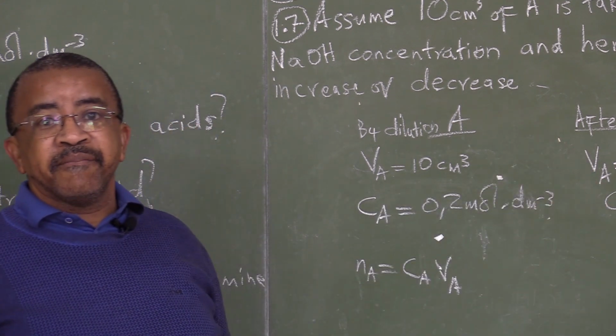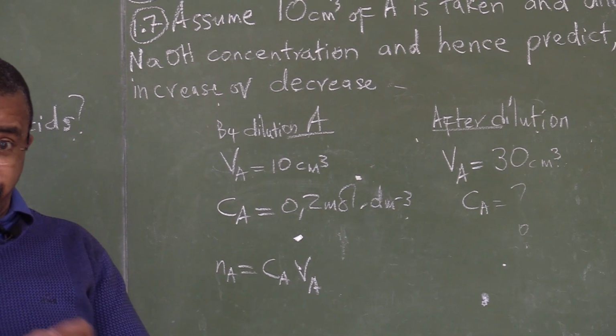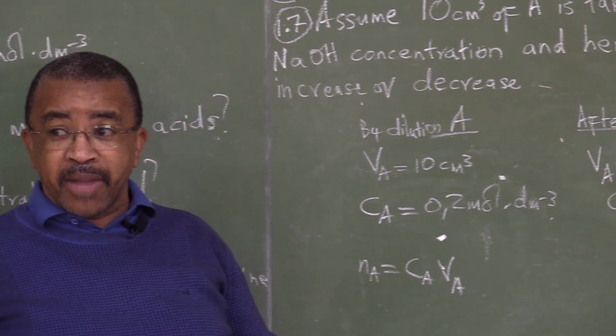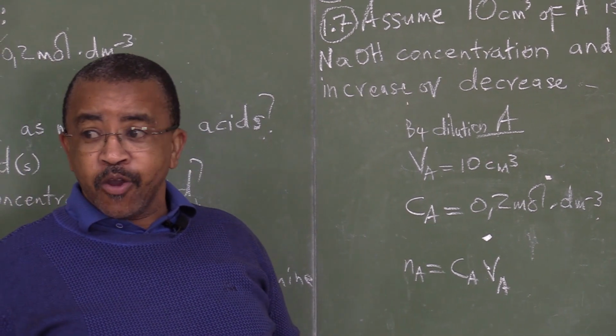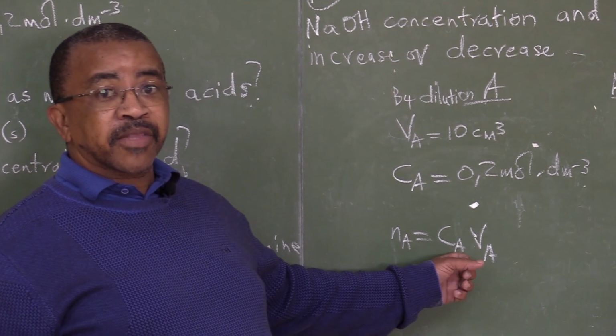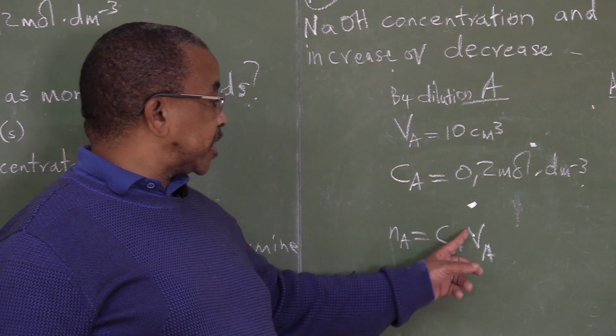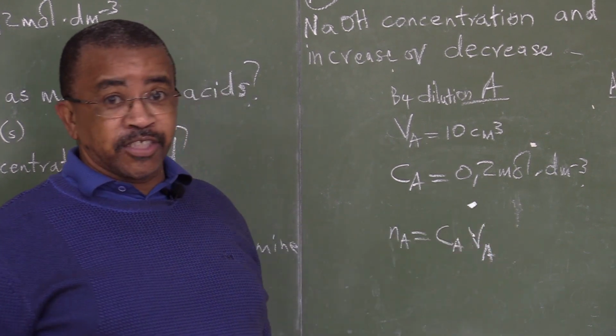Look at the relationship between C and V. If the volume is increased, we expect the concentration to be less than 0,2.